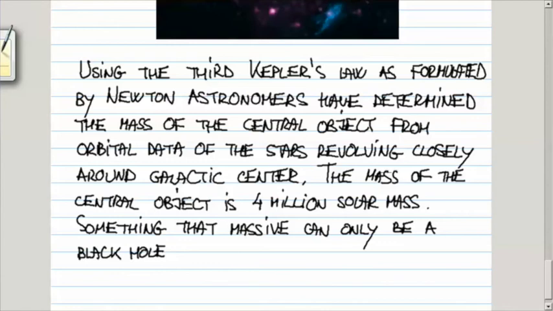So that's one thing. The second thing is that when we look at other galaxies, we find the same thing. We look at their centers, we measure the orbital data of the stars moving close to the galactic center. We apply Kepler's third law as formulated by Newton, and we find that virtually all galaxies have such supermassive black holes in their hearts.